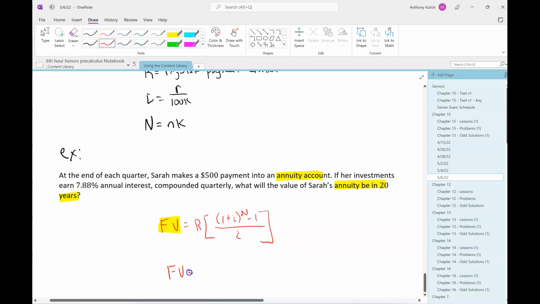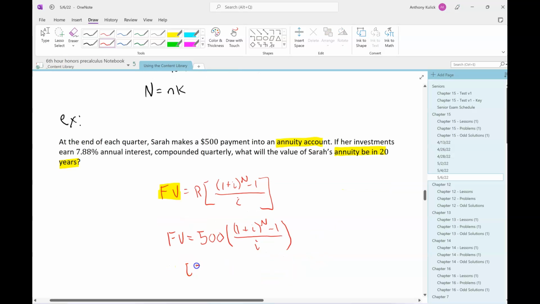Okay, so let's start filling in the rest of this. What is R? 500. And now I'm just going to write this formula with the I and N in it. And I'm just going to write off to the side what I is. So remember, I was r over 100K.